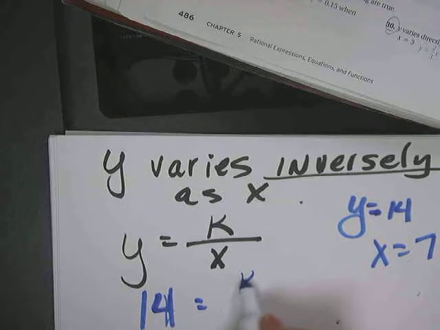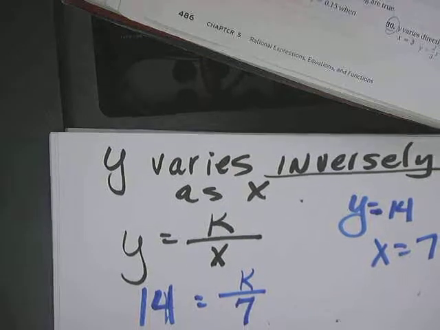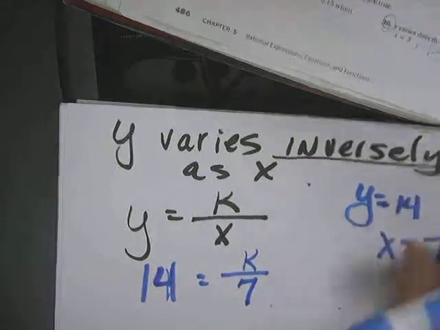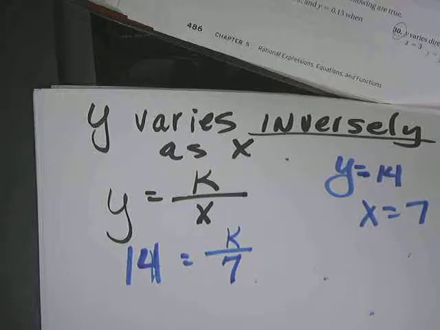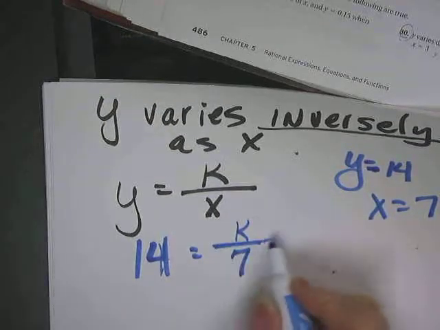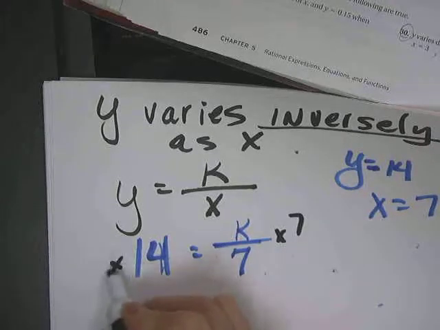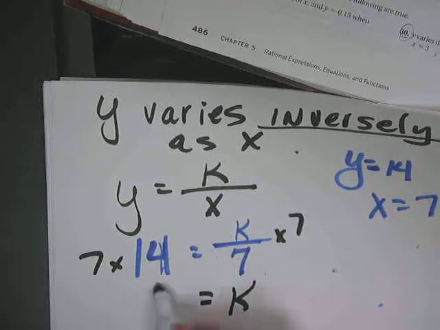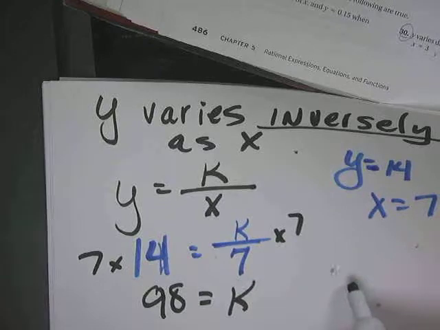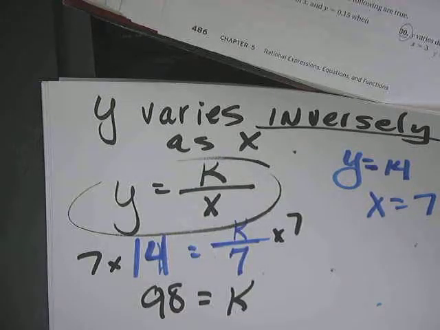Varies inversely means we divide after the k, not multiply, right? y equals k over x. Okay, y is 14. I bet you thought it was going to be 2, huh? But it's not.